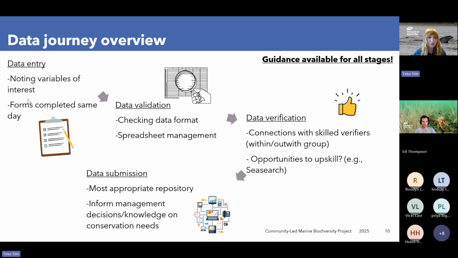And what do I want my data to help with? What do I want it to do? For a lot of the work that the community groups are doing, the hope is that data is submitted so it can inform management decisions, improve knowledge gaps and help generally where we don't have a lot of knowledge about certain places or species.